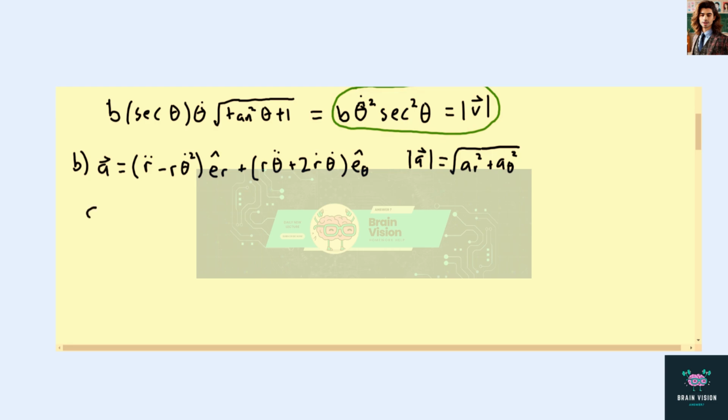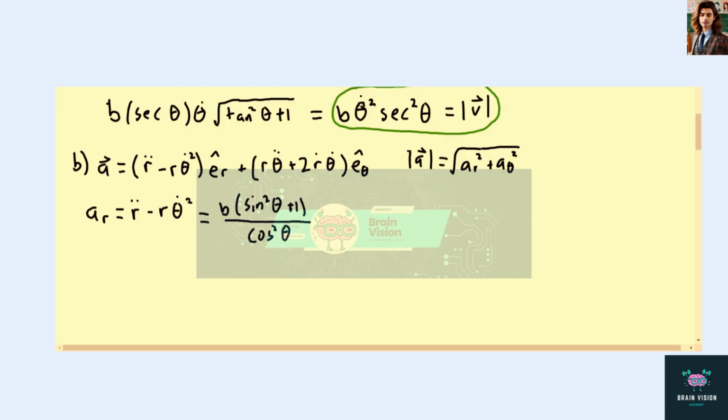All right, so our a r, okay, so it's that r double dot minus r theta dot squared. And so that's going to be a b sine squared plus 1 divided by a cosine squared theta.